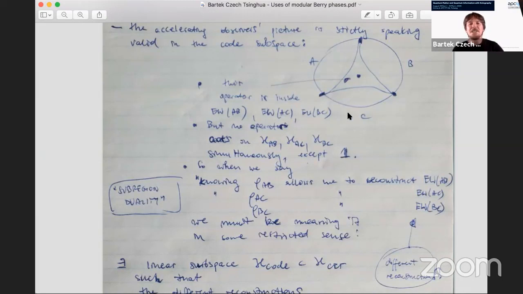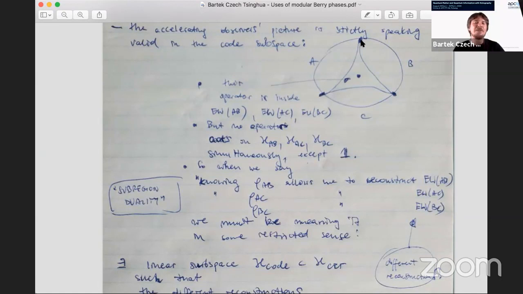There is a reconstruction that is supported only here, and there is a reconstruction that's supported over here. Now, maybe those reconstructions have some small tails, which come from the fact that I didn't actually have a factorization, so I couldn't properly just limit my reconstruction to BC.